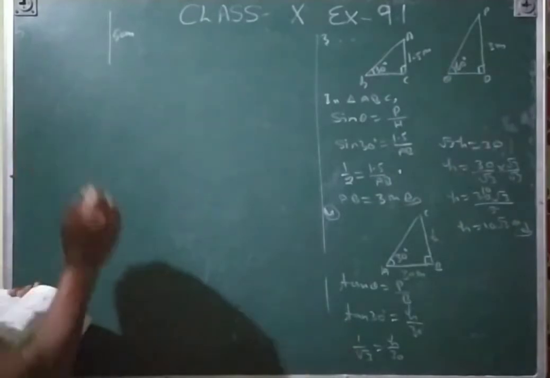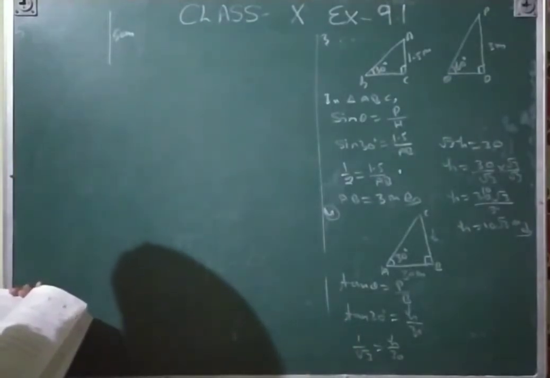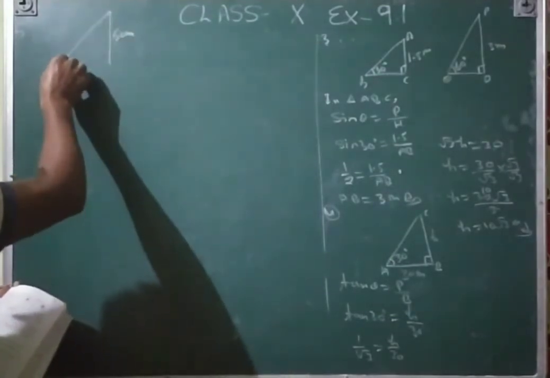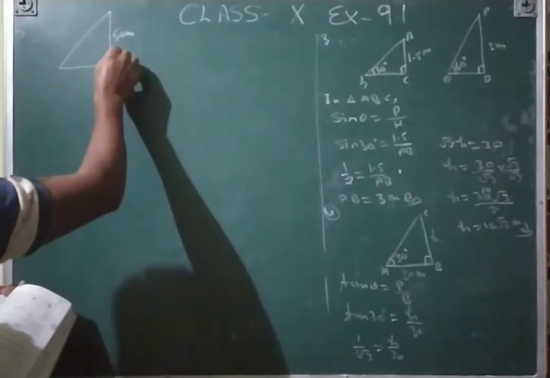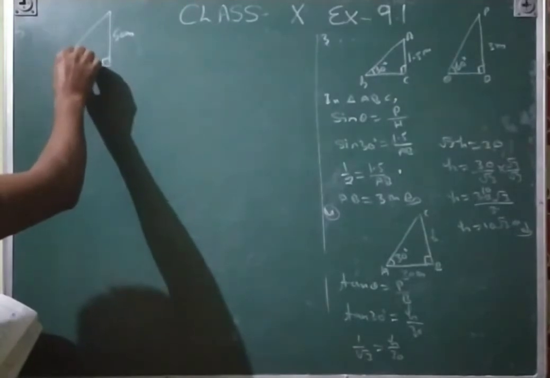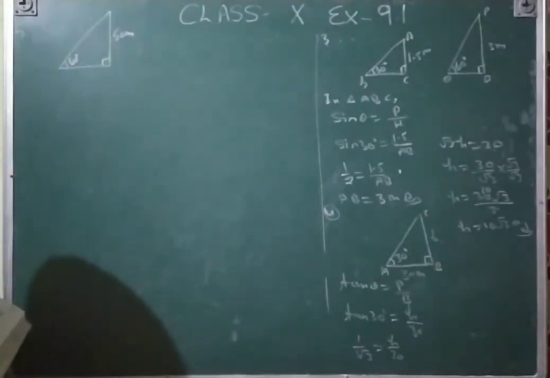The string attached to the kite is temporarily tied to a point on the ground, so that will be 90 degrees. The inclination of the string with the ground is 60 degrees. Find the length of the string assuming that there is no slack in the string.